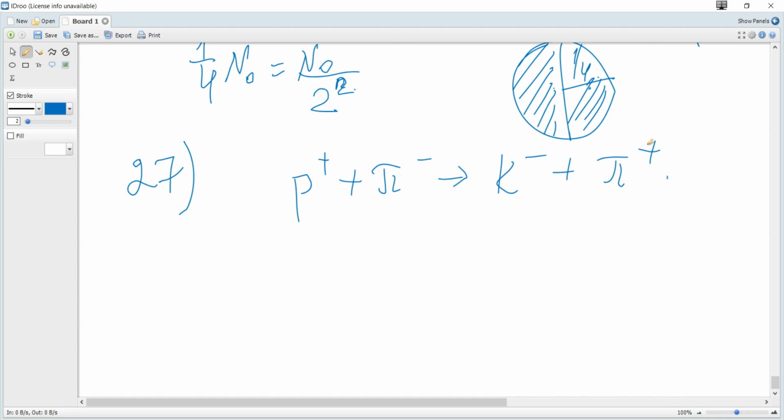Quark composition of the particles: pi minus is d u-hat, proton is u u d, K minus is s u-hat, proton u u d, and pi plus, its antiparticle, is u d-hat.